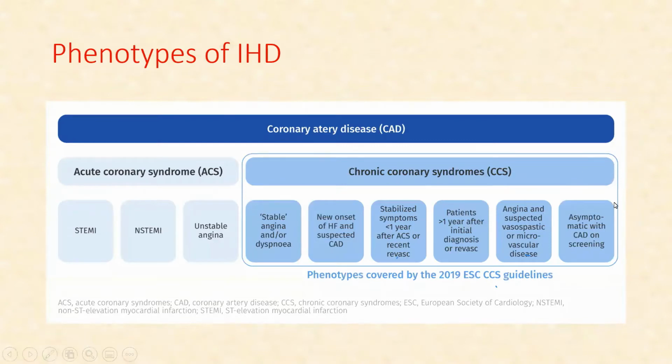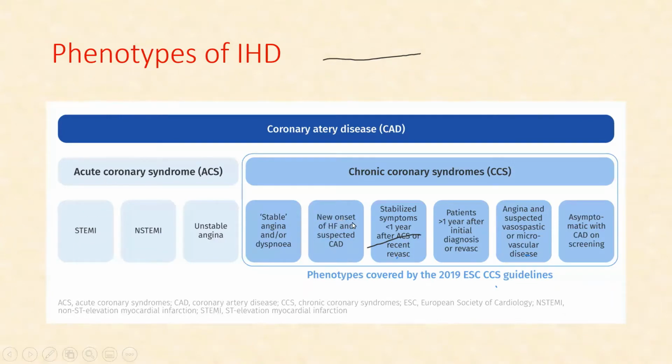Now, since the 2019 guidelines, they have discussed chronic coronary syndrome. They have talked about different phenotypes. So now, stable angina or stable dyspnea is considered one phenotype.